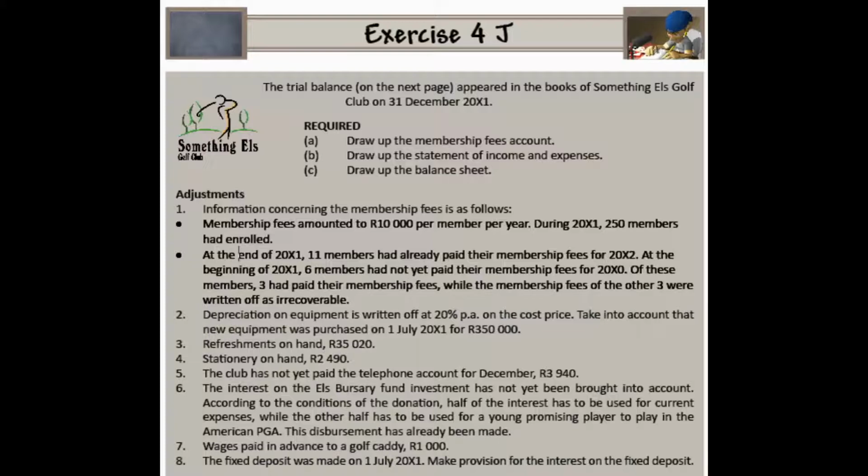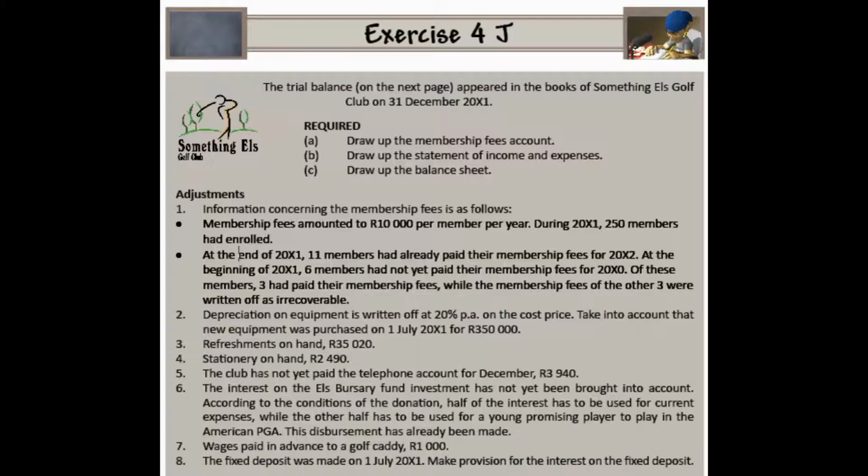So instead of just for 6 months, like in the first example, now we can work it out for the full year, which is 12 months. So it's 5,050,000 times 20%, and that gives you an amount for the full year, which was 1,010,000 Rand. And then we work out the depreciation only on that equipment that we bought in the middle of the year.